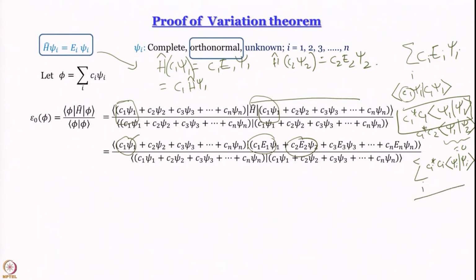Similarly, denominator also has to become sum over I Ci star Ci, right, because take these two terms again, maybe I will take these two C2 psi 2 and C2 psi 2 here, that gives you C2 star C2 integral psi 2 star psi 2 all space, and if I take say C3 psi 3 and well Cn psi n, then I get C3 star Cn integral psi 3 star psi n over all function space, which is equal to 0.